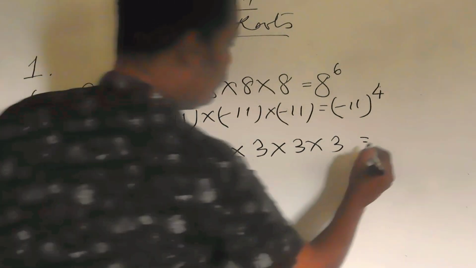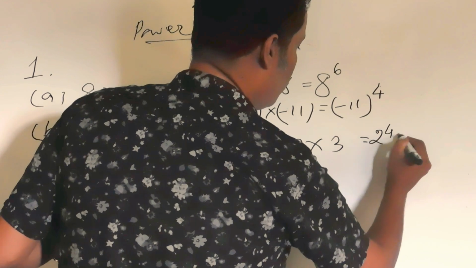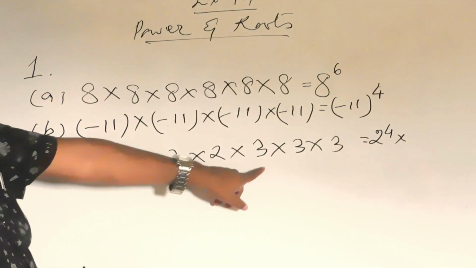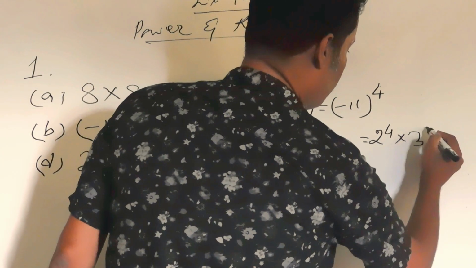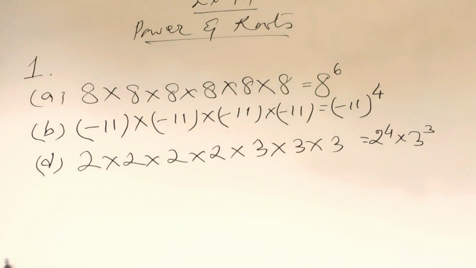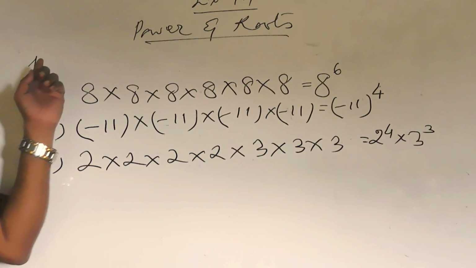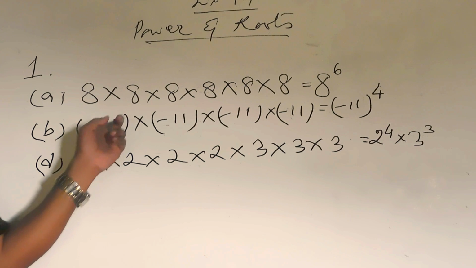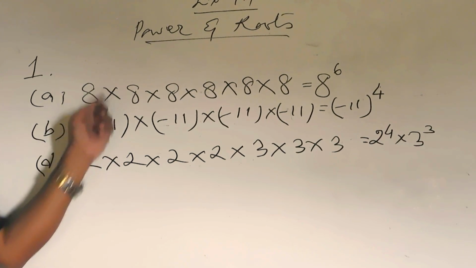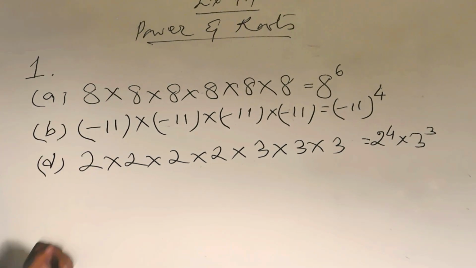So you will write 2 to the power 4 into, then, children, 3 is multiplied 3 times, so 3 to the power 3. This will be the exponential form. I hope you understood. The other questions in question number 1 which I have not done, you can do by yourself. Try and see, following the same method.